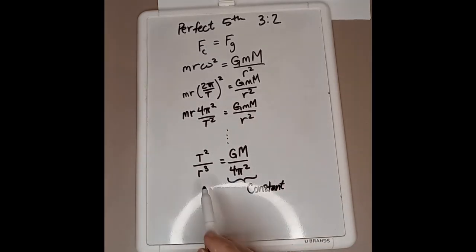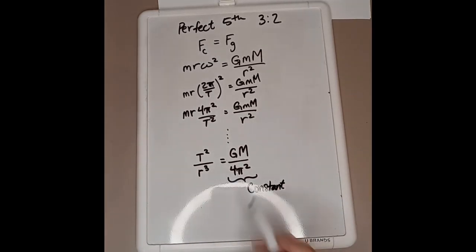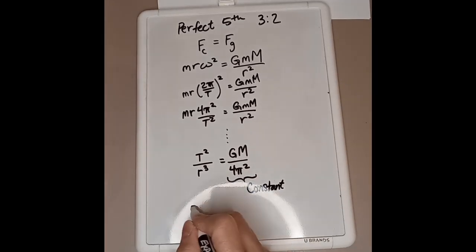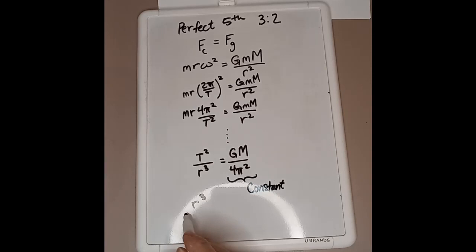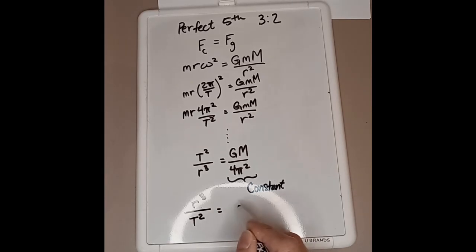So what we have here, if you just invert it, you get the cube of the orbital radius divided by the square of the period of orbit, and you can call this constant whatever you want.